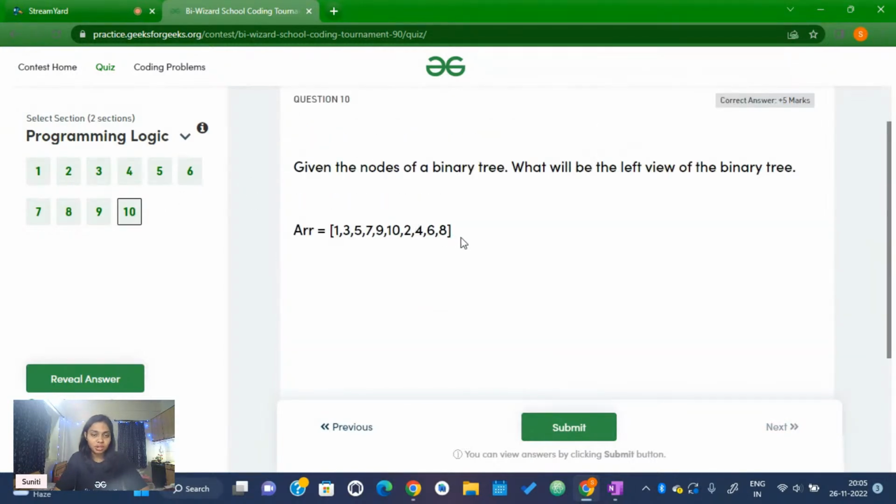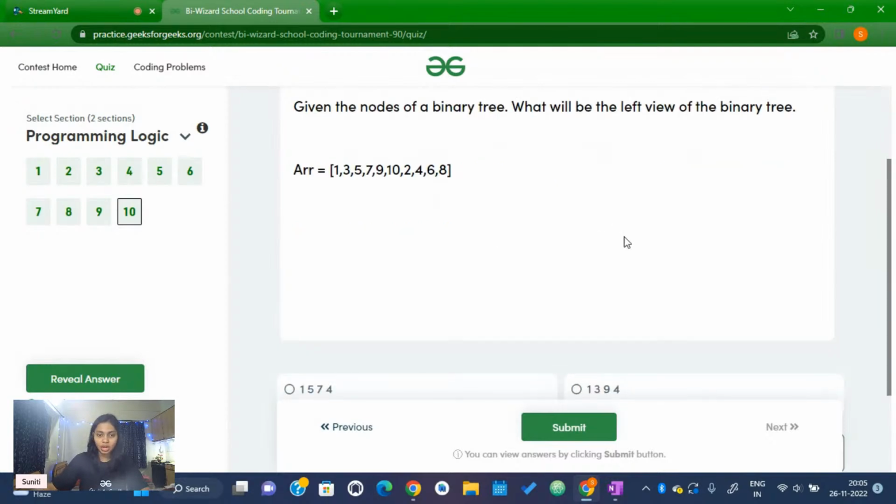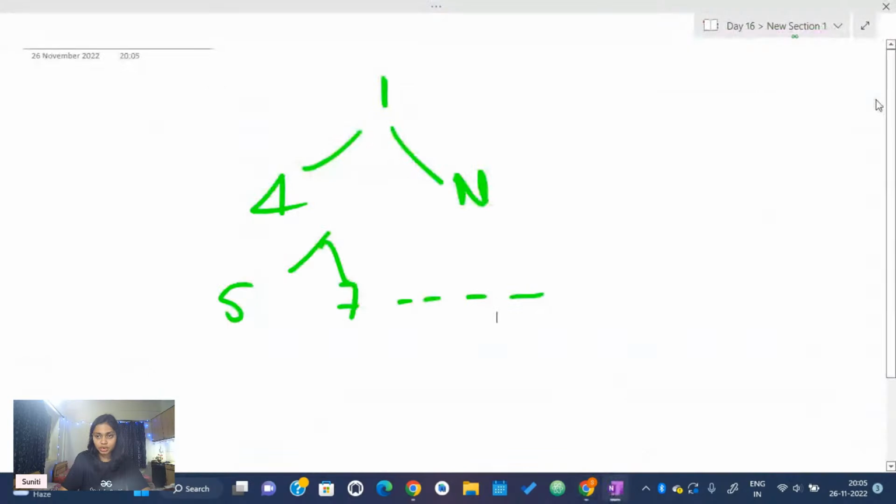Next, we are given the nodes of a binary tree, and we need to print the left view of the binary tree. So the tree is 1, 3, 5, 7, 9, 10, 2, 4, 6, 8.